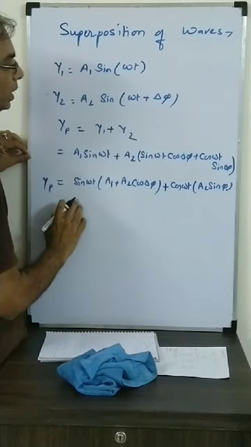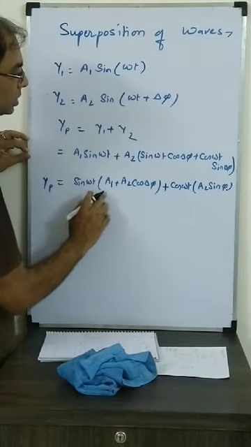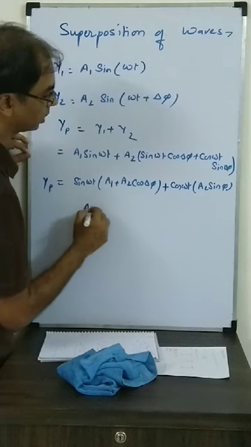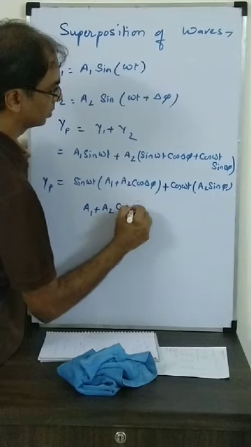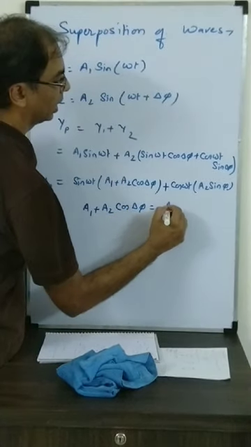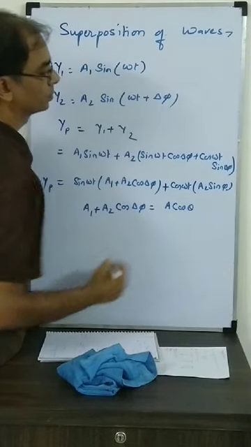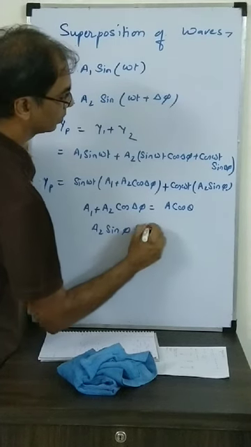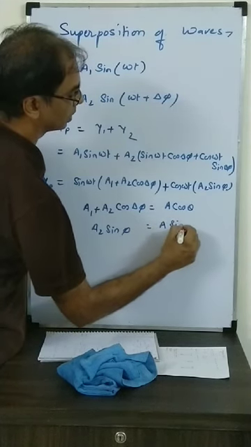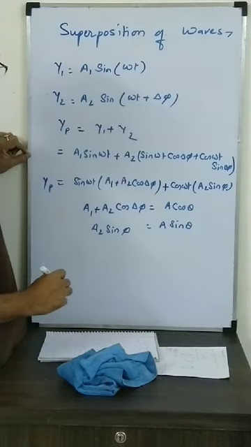Now this also we would like to convert into the same form. This A1 plus A2 cos delta phi we are assuming as A cos theta, and this A2 sine delta phi we are assuming as A sine theta.